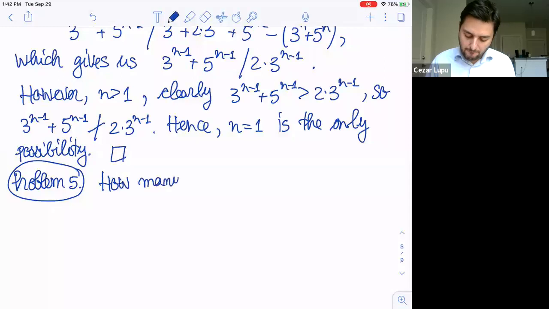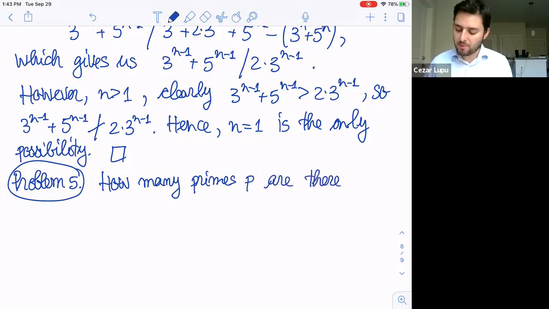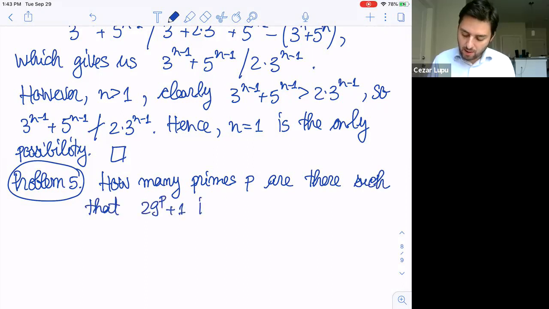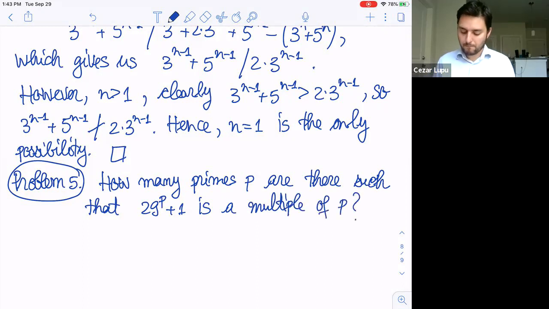How many primes P are there, we need to determine how many of them, such that, let's say, 29 to the power P plus 1 is a multiple of P. All right, let's see.